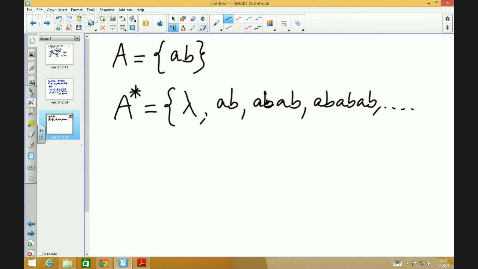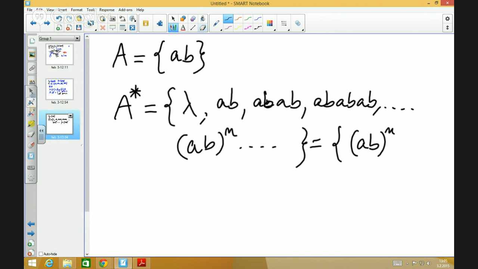Or in general, I can take n copies of this string for any n and I write them. So in other words, this is AB to the n, where n can be any number. So that's what the Kleene star operation does.